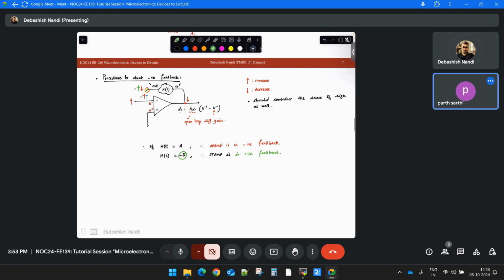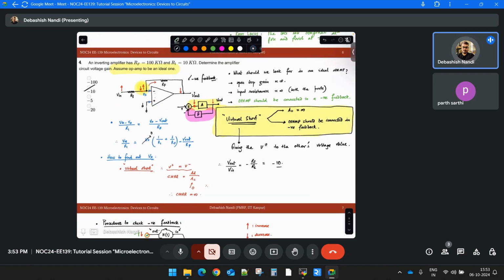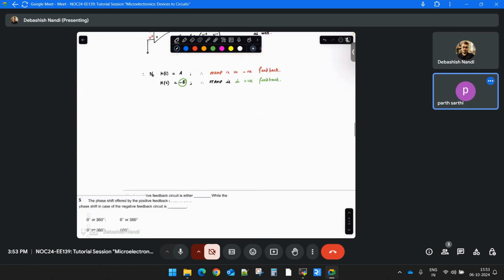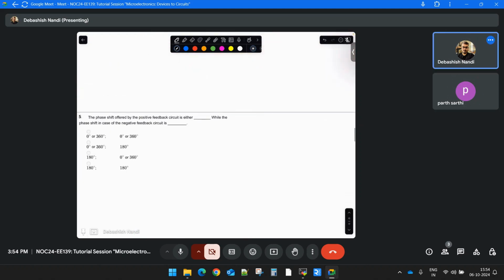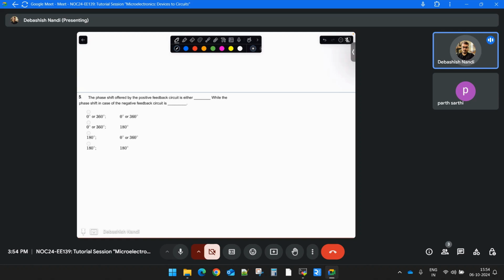Please also remember this point, it is very important. Virtual short only works when your op-amp is ideal and it is connected in negative feedback configuration. So let's move on. From the above discussion, this should be very clearly answered.